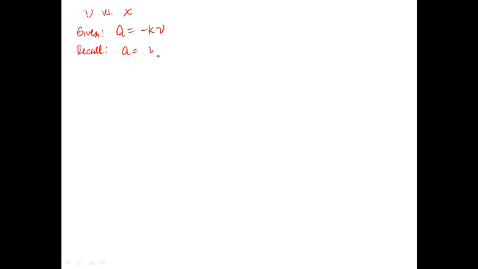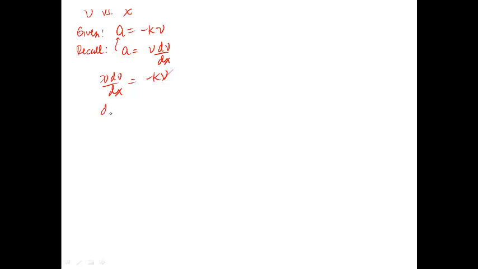a is equal to v dv/dx, which means that the left side substituted here, v dv/dx, is equal to negative kv, giving me a separable differential equation. Separating the variables, actually, the v's will cancel.